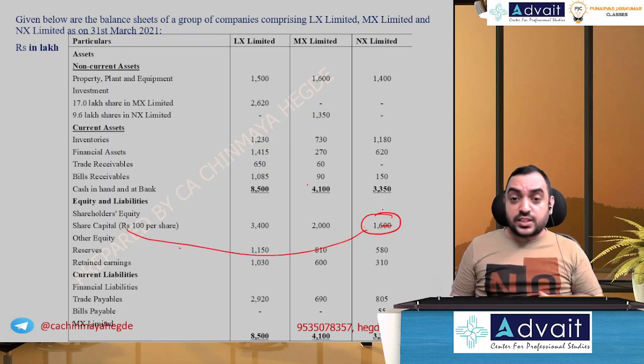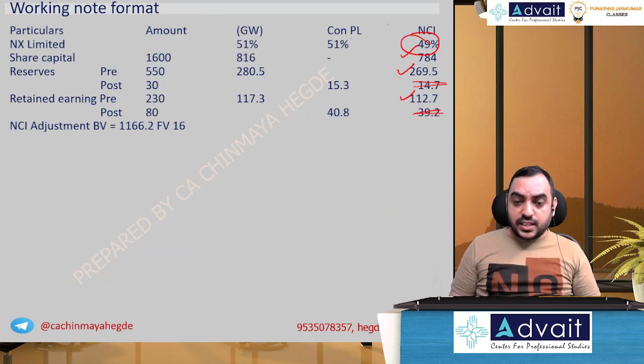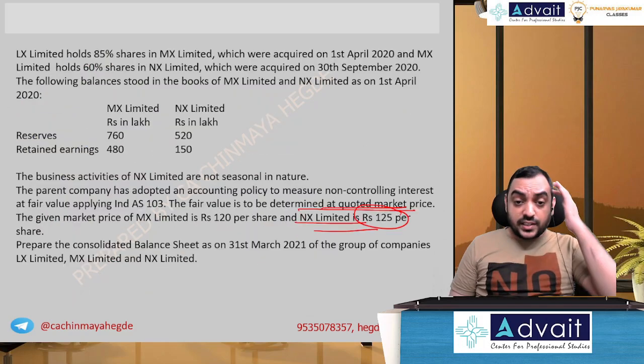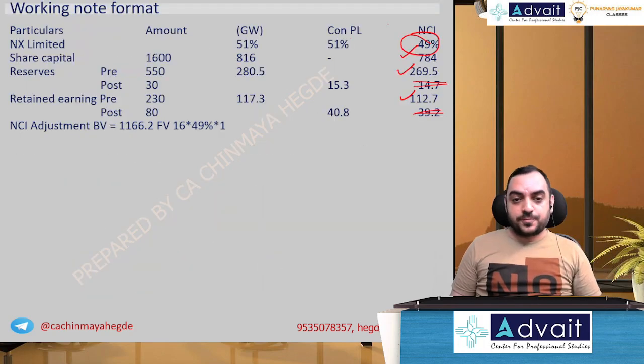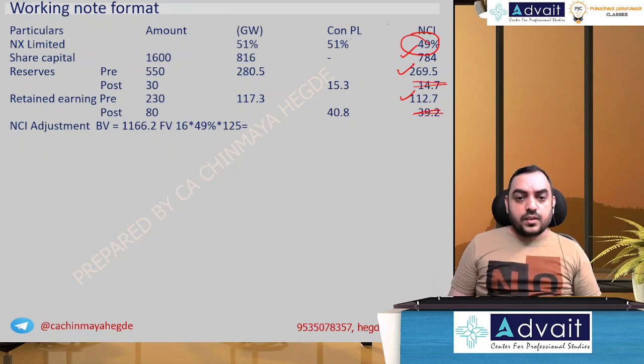So take out 16 lakh shares. 16 lakh shares are there, but you are taking only 49%, and quoted price is 125. So that number comes to 980.